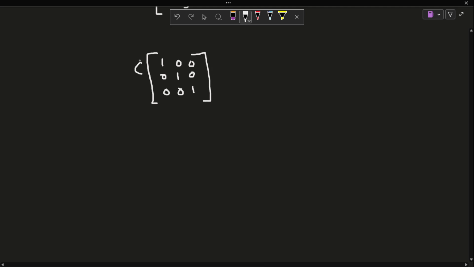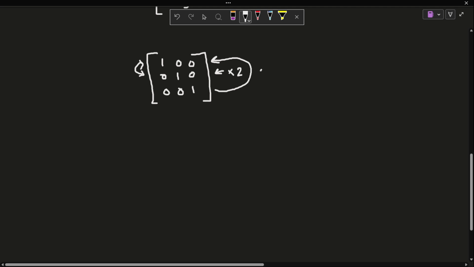So if I want to swap these two rows, which would be a row operation, whatever matrix I get out of that would be my elementary matrix for that operation. And then if I wanted to multiply a row by a scalar, let's say -2, then that would become my matrix for that. And then if I wanted to add this row to that times 3, then that would be my row operation. Okay, and that is pretty much it when it comes to elementary matrices.